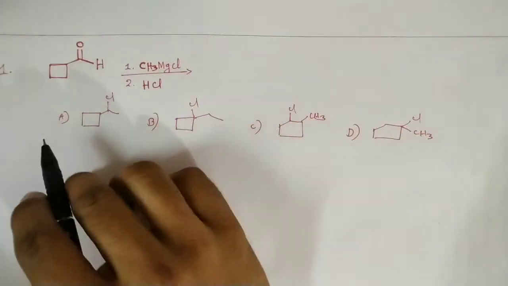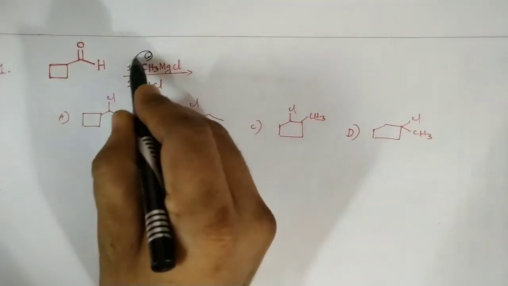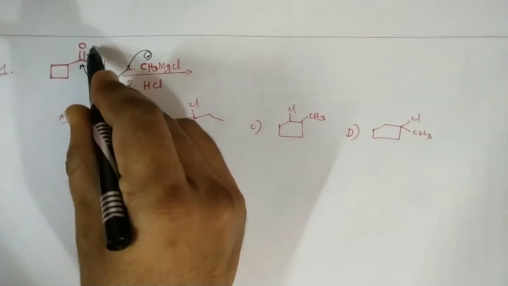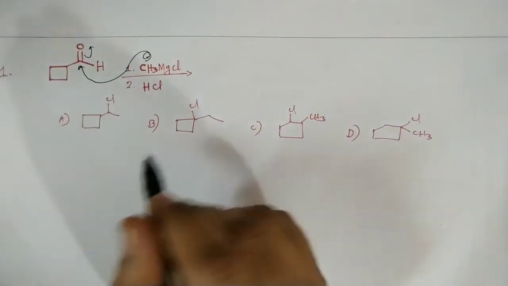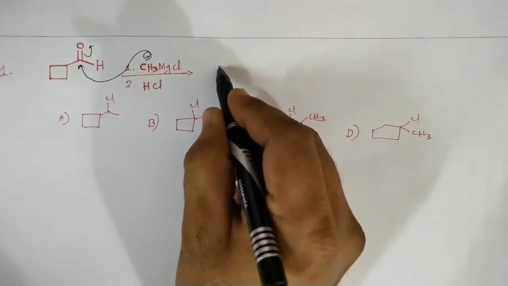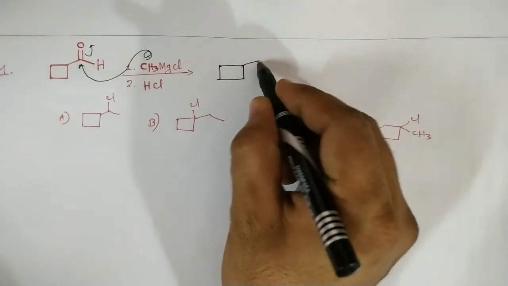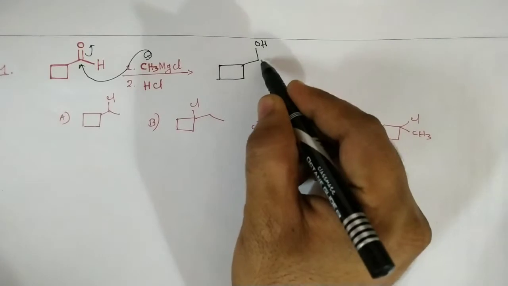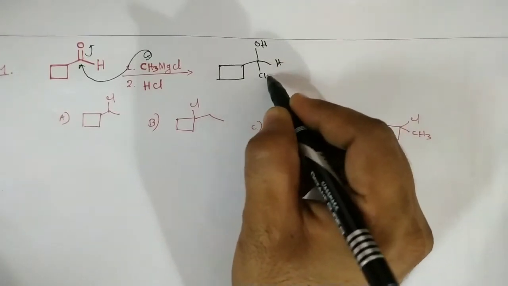In this case, first CH3 minus attacks this carbonyl carbon. So by reacting with methyl magnesium chloride, we get the OH, and here hydrogen and then CH3.